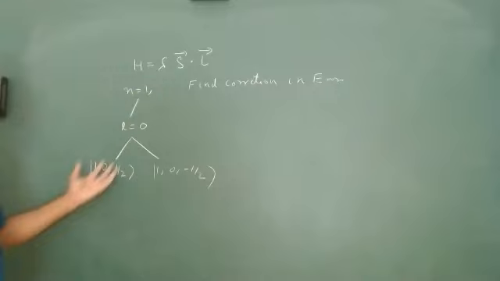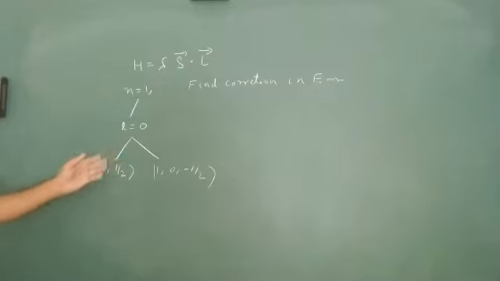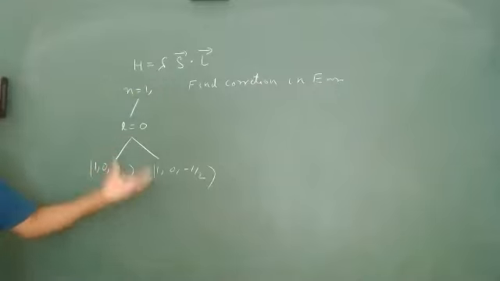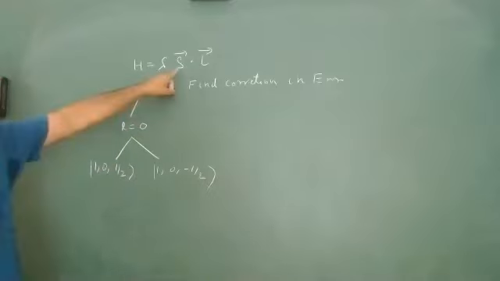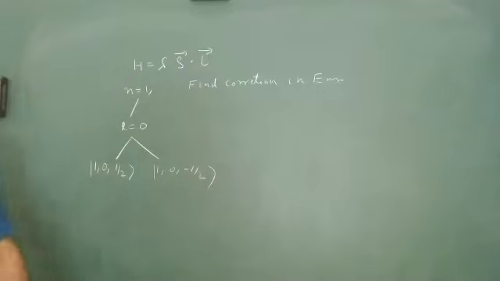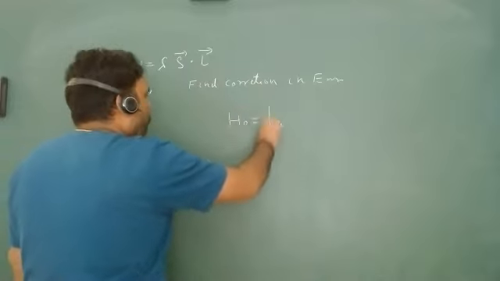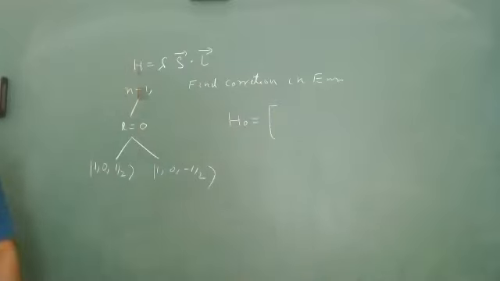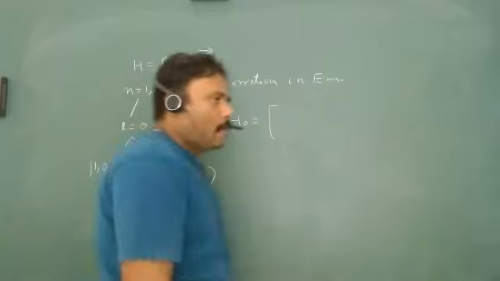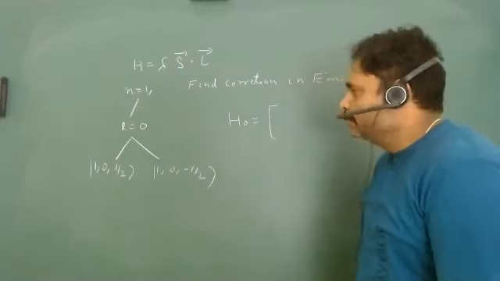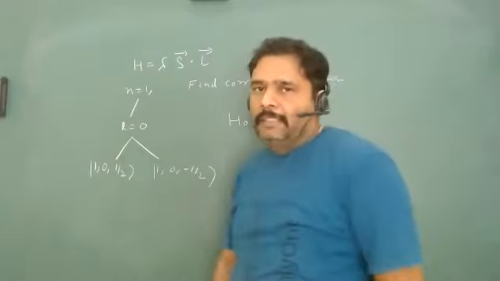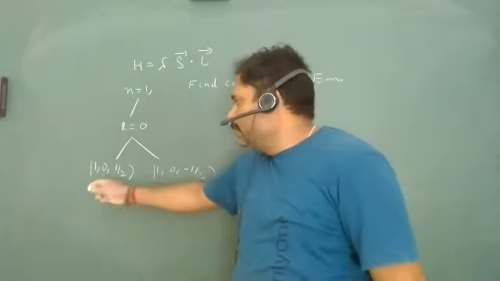Spin is also there, so we have to account for the spin. So this will be divided into two parts. So it is doubly degenerate if I include the spin, because the Hamiltonian is S dot L, and S is nothing but the spin. Can you please tell me what will be your H naught matrix? What will be the dimension of H naught? Two-dimensional. And what will be the energy related to this?